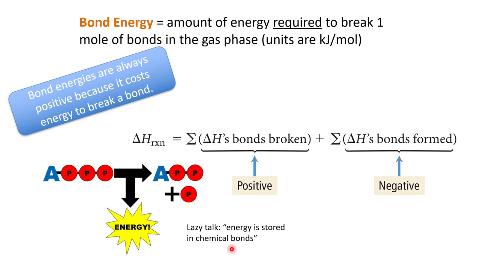It doesn't capture the full story. Breaking apart ATP into ADP and a phosphate costs some energy. Breaking this bond costs energy. It's just that forming this new product also gives off energy. So the net is negative, but the bond itself requires an input of energy to break.